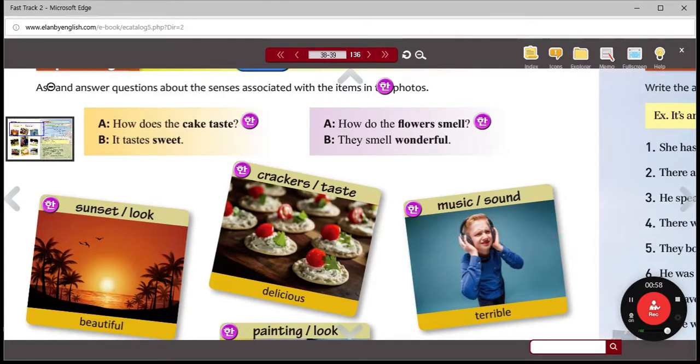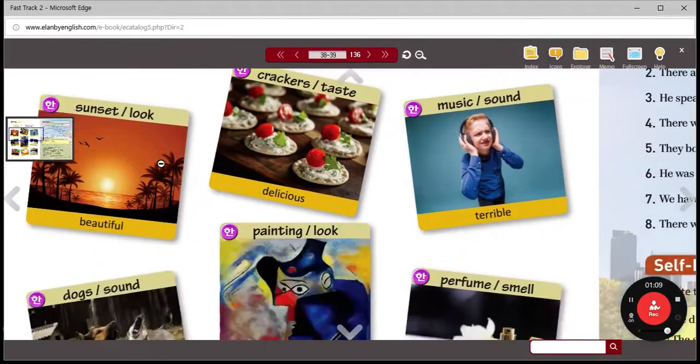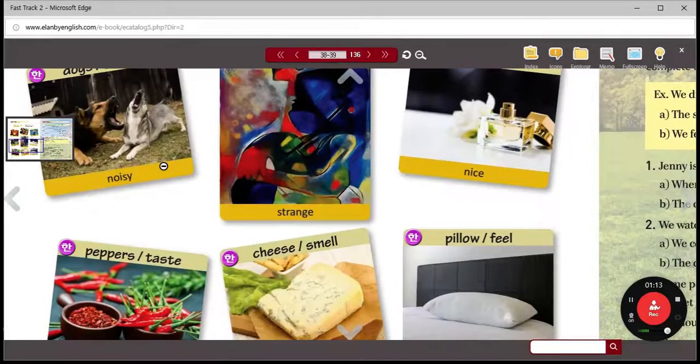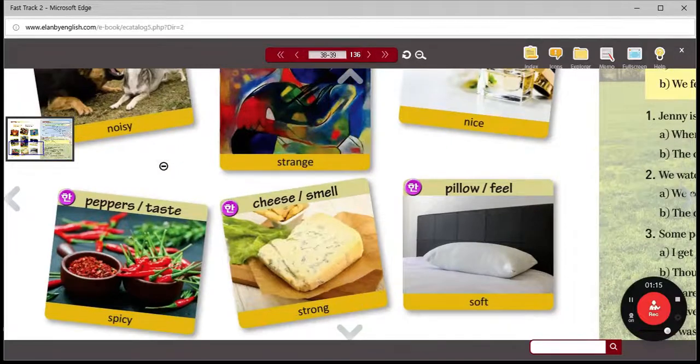All right, so the instructions say, ask and answer questions about the senses associated with the items in the photos. In each of these, you've got a picture, and you're going to talk about the object or objects in the picture.